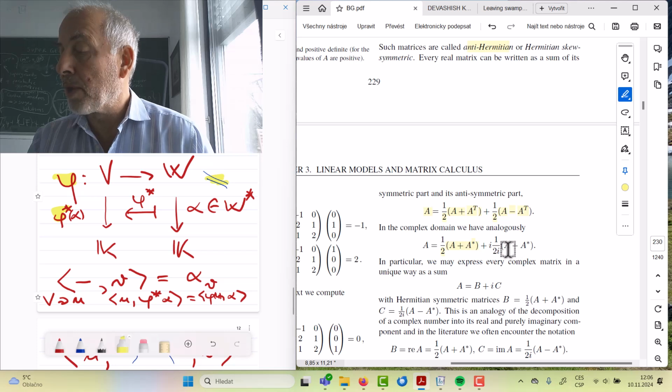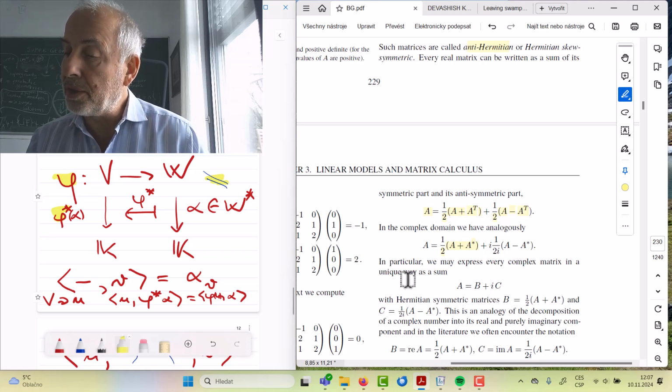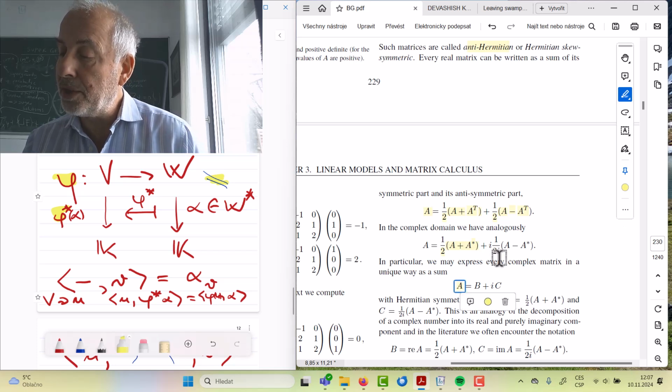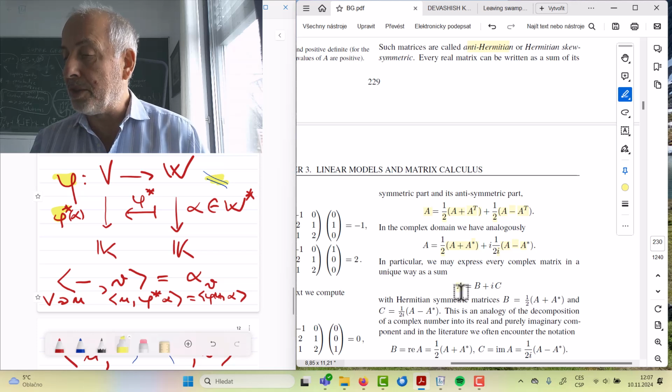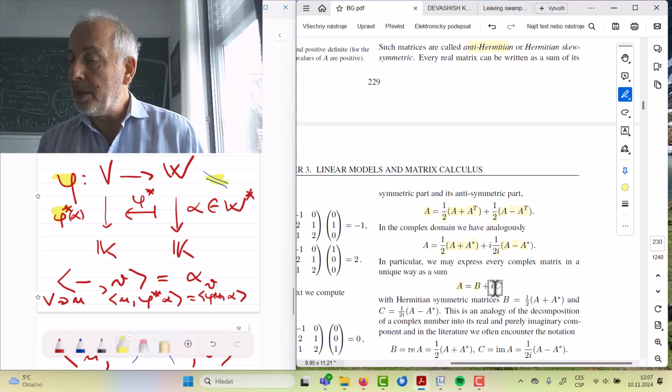So it will be the same thing up to a sign, because it will be A star minus A. So you see that in particular each matrix A can be expressed as the whole thing together here as a matrix C, and the entire original matrix A is written explicitly as B plus i times C, and both B and C are now Hermitian, right?